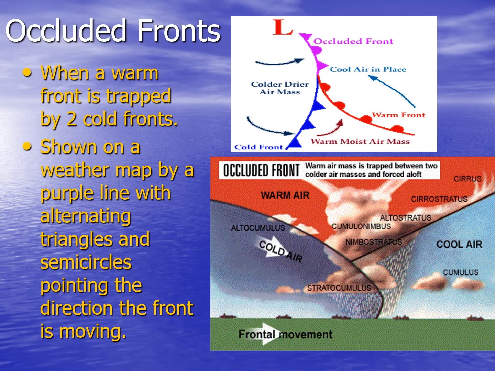Picture on the bottom is a good representation of why storms occur. As the warm air is forced up, it cools, dropping its moisture as it condenses, which is why we usually see strong storms along these fronts.